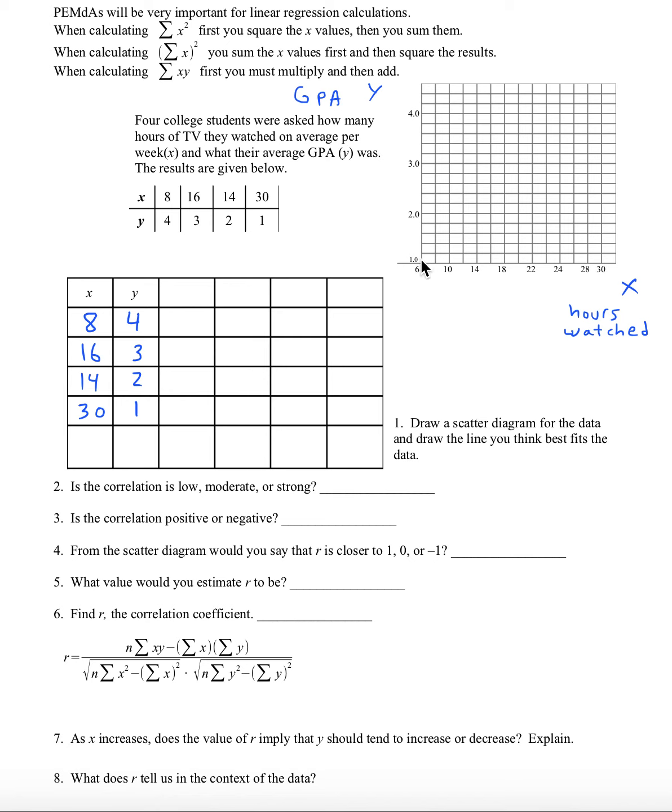So we'll go over to 8 and then up to 4 to form our first pair, to form our first dot. We'll go over to 16, up 3.